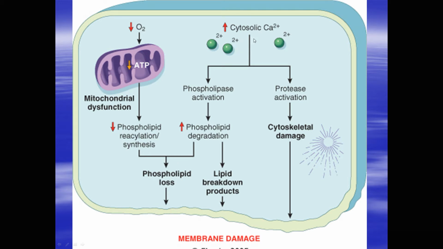Also, the increase in cytosolic calcium will produce activation of some enzymes, especially phospholipase, thus increasing the phospholipid degradation, lipid breakdown products, and damage to the membrane. And also, the elevated level of cytosolic calcium is stimulating the intracellular proteases, thus causing cytoskeletal damage and, as a consequence, also damage to the membrane.